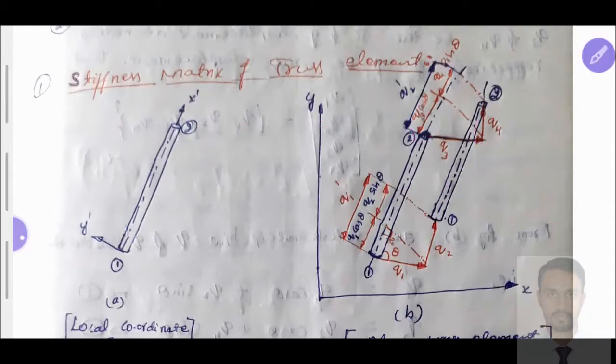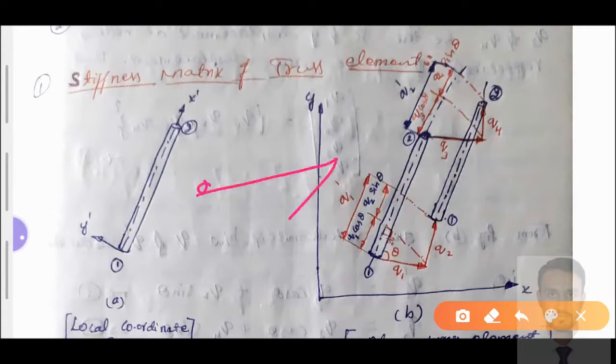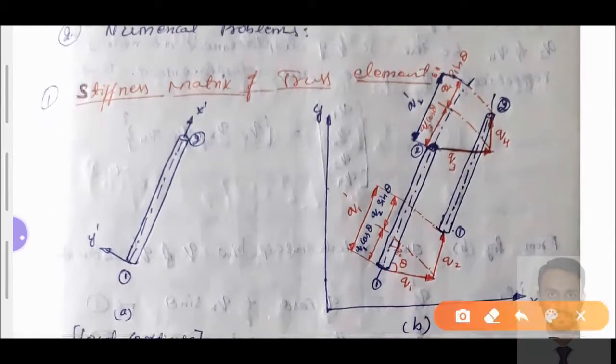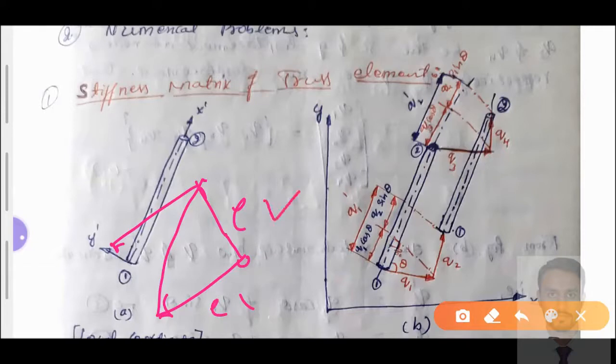For example, if I draw another truss, this is another type of truss. What we have: element number 1, element number 2. Another type of example I'll give. This is another type of truss element. So we have element number 1, element number 2, element number 3, element number 4.